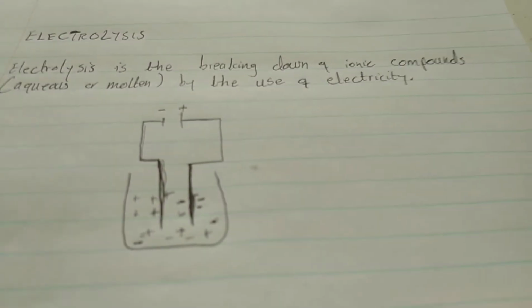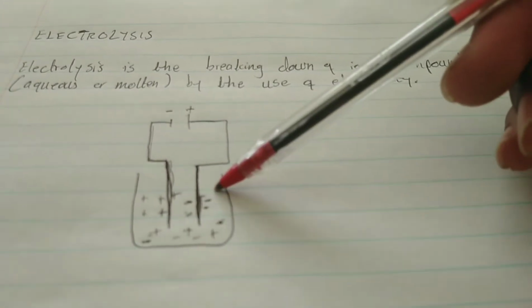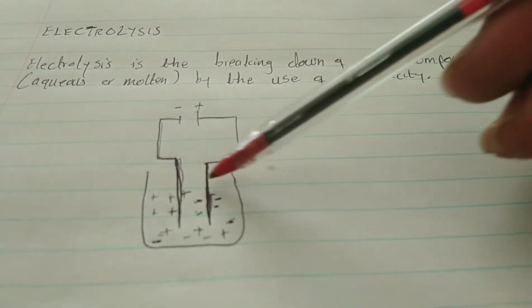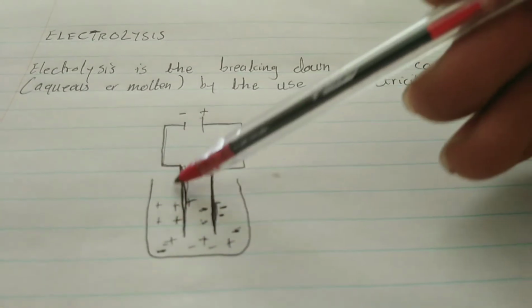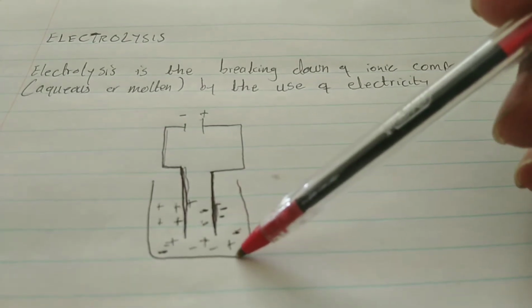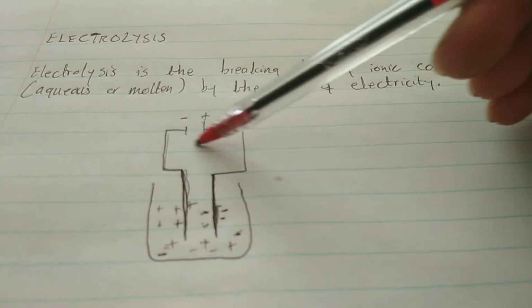So here we have the setup of electrolysis. What we have here are the ions, the positive ones and the negative ones. These ions are in a solution, and this solution we call the electrolyte. And here we have the cell.